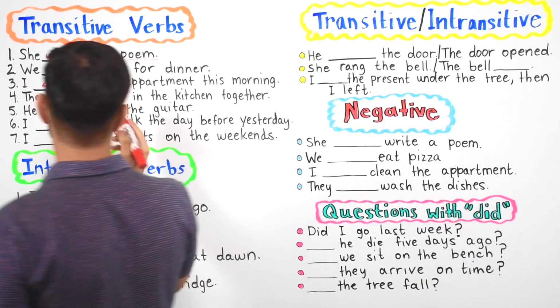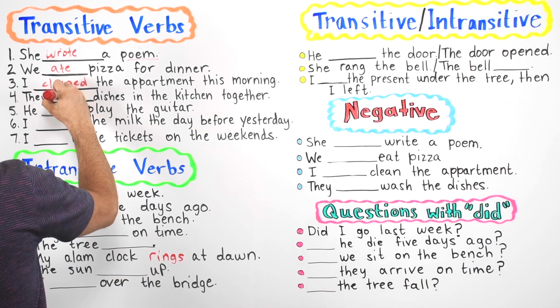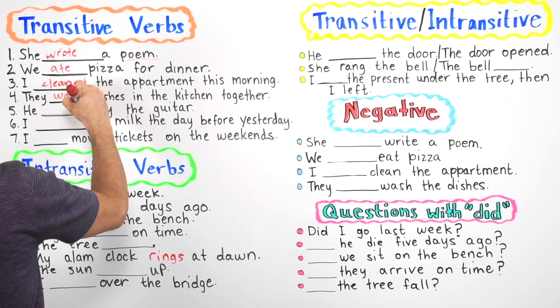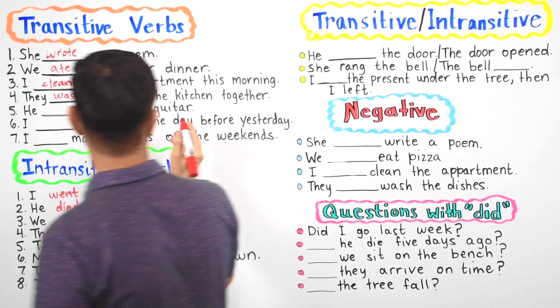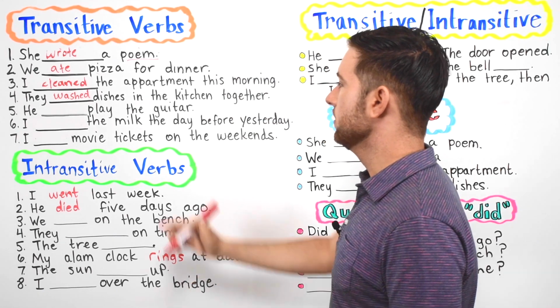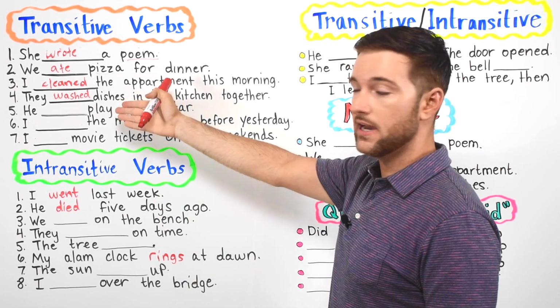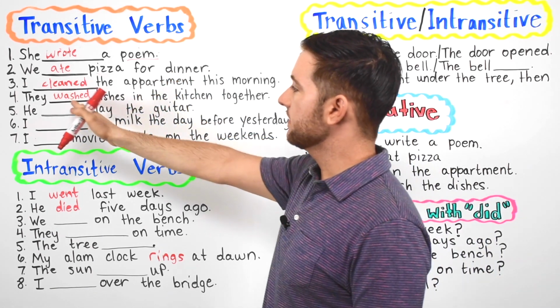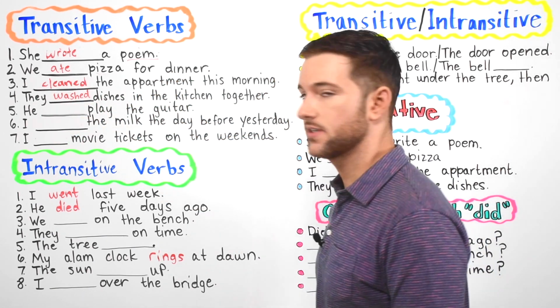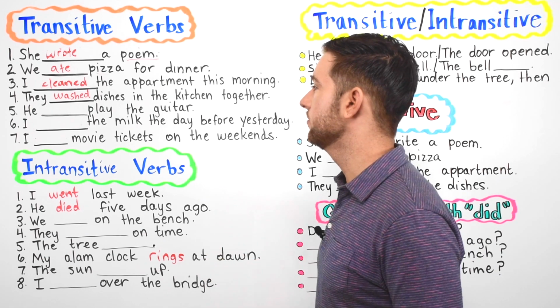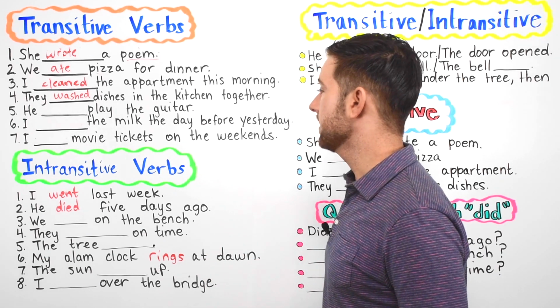So, what do you do to dishes? You wash dishes. They washed dishes in the kitchen together. Okay, so dishes is the object. It's the thing that's receiving the action, and the action is coming from the verb to wash in this case.